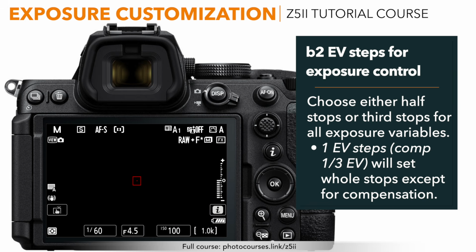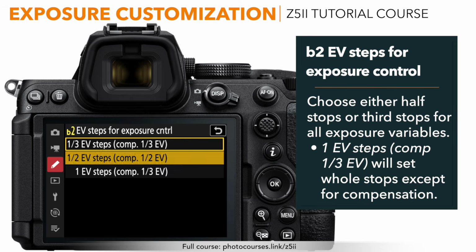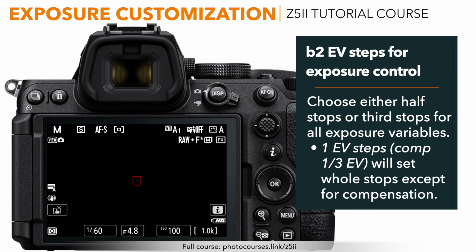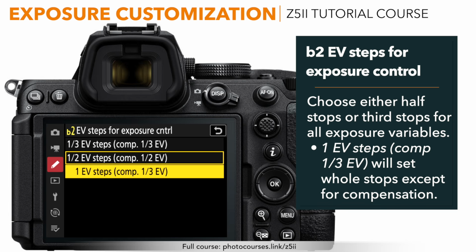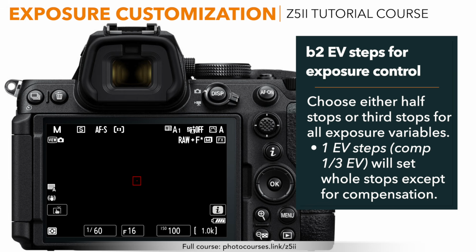But half stops can help you adjust those settings faster, as we see here again. Or you could choose 1 EV steps, compensation 1/3 EV, and in this case, you're going to adjust your shutter speed and your aperture in whole stops. And this doesn't really give you a lot of refinement for those variables. However, you can still adjust your exposure compensation in third stops.